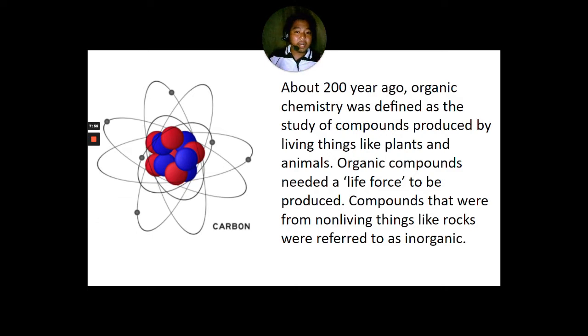Because all organic compounds are made up of carbon. And the first thing we look for when we go to a place like, for example, a dead swamp, we look for carbon. Because without carbon, life will not be possible, because it's the foundation of life, as we call it. If we go to Mars or to the moon, the scientists only look for carbon because carbon compounds are essential for life to exist.